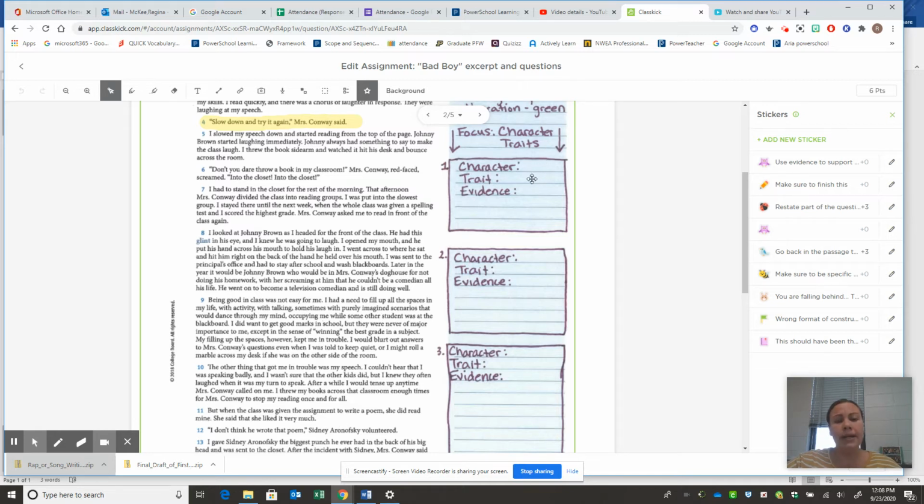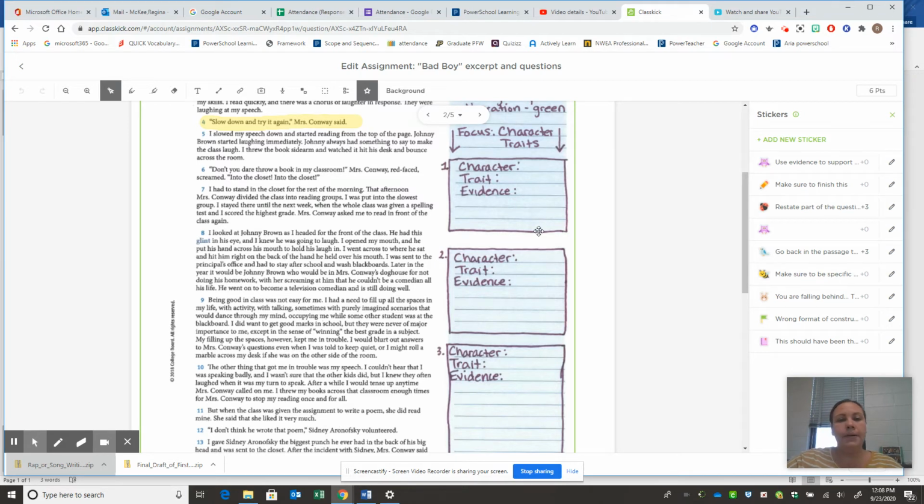You would pick a trait from the list of traits, or come up with your own. So if Mrs. Conway was funny, you would put funny. And then for evidence, you would explain what in the text shows that trait, what gave you those context clues to know that she's being funny.